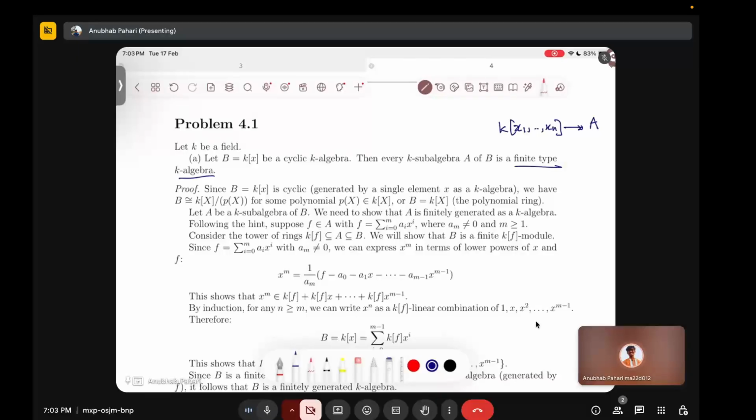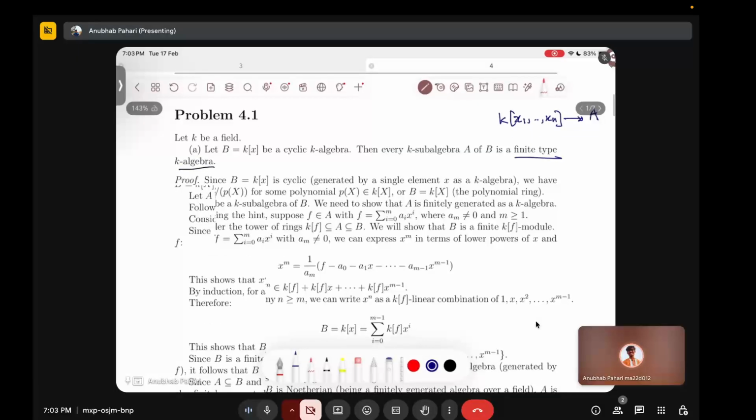What we have done is followed this map and took K[X] to B, and you map your capital X to small x, and thus you get the map, and the kernel is an ideal. Since K[X] is a PID, the ideal is generated by a single polynomial, that is P(X).